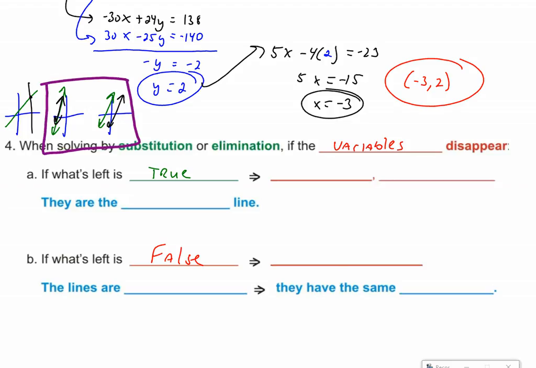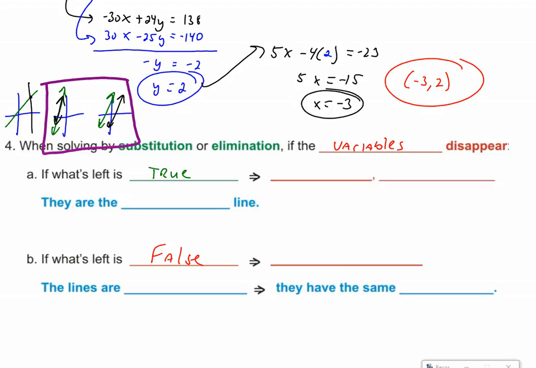We've got 2 possibilities left when our variable disappears. It's either going to be consistent and dependent, same line, or it's going to be inconsistent, parallel lines. Now, logically, which one do you think would be the true one and which would be the false one? You can go by the blanks there and help yourself out a little bit more.